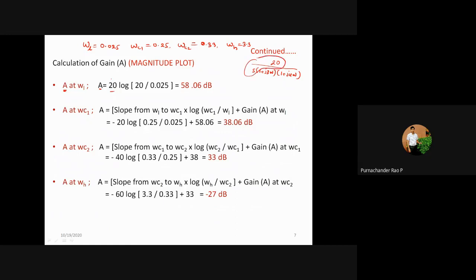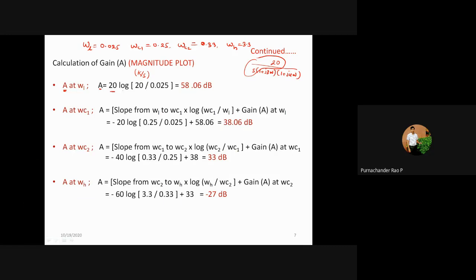So 20 by S. For that, this value will always be equal to 20 divided by this, which is the slope. Okay, so 20 log of this 20 by S. Normally this will be K by S. The formula is K by S here.